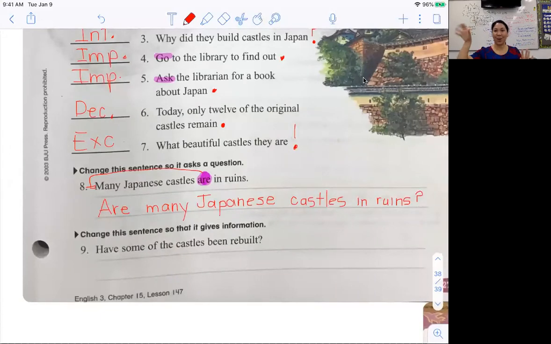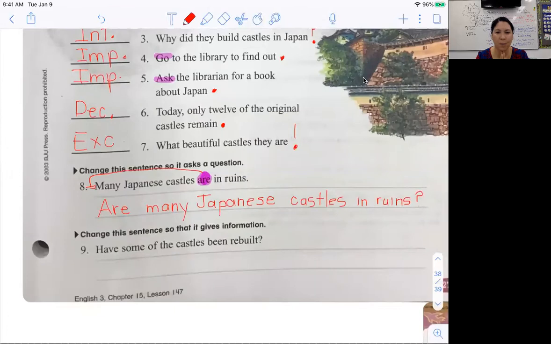Okay, so now we're going to do the opposite. We're going to take the question word at the front and move it somewhere in the sentence to make it make sense. Okay, so let's see. Have some of the castles been rebuilt? That's a question. Now let's take have out. So let's start with some. Some have of the castles been rebuilt?